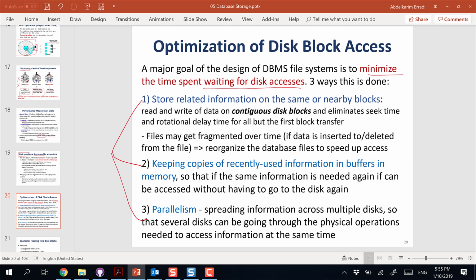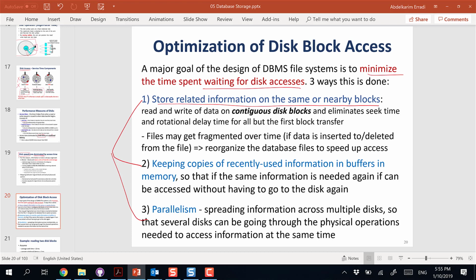One is to store related data on the same or nearby blocks, keeping the data in contiguous disk blocks. To do so, that's the role of database administrators. They always reorganize the physical data storage so the blocks are contiguous.